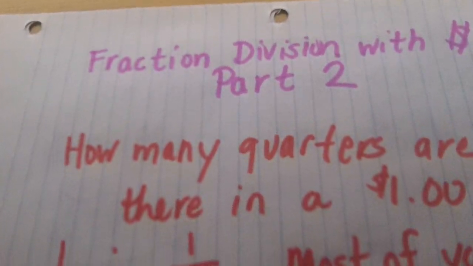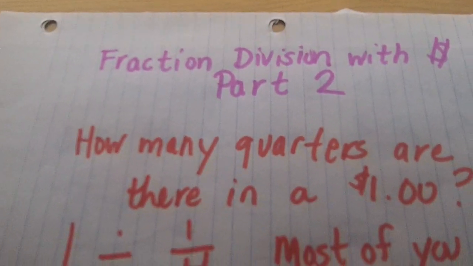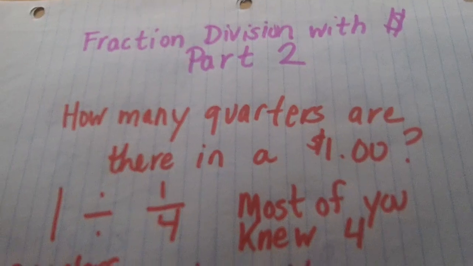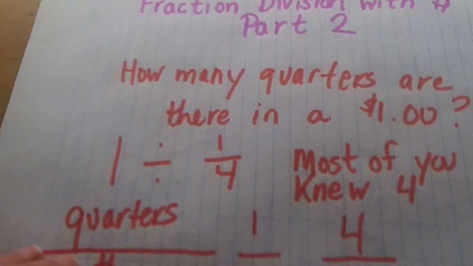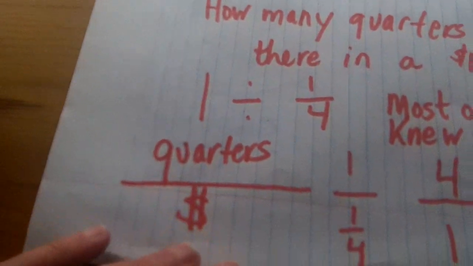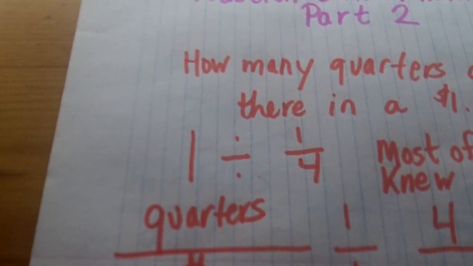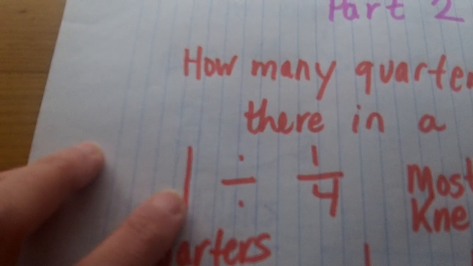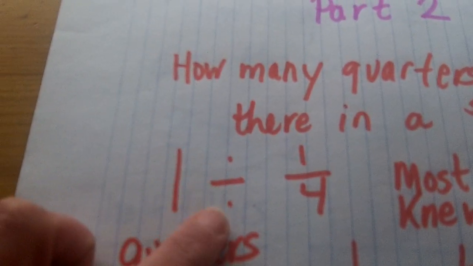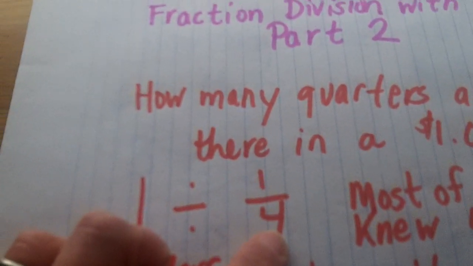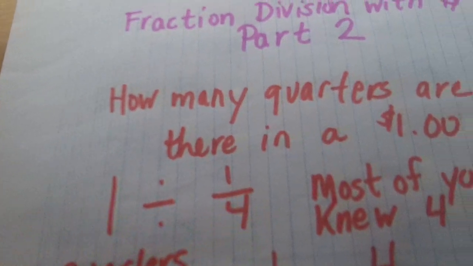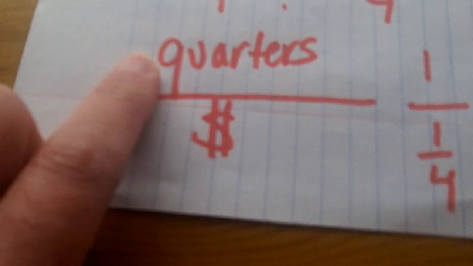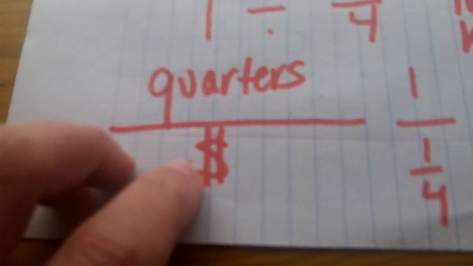Let's go on to part 2 of this. How many quarters are there in a dollar? Of course, all of you probably knew that there were 4, but now we're taking the approach of looking at this in a fraction. We have a dollar, and we would divide this by a fourth. Why would we divide it by a fourth? If we set up our ratio table, we have quarters to a dollar.